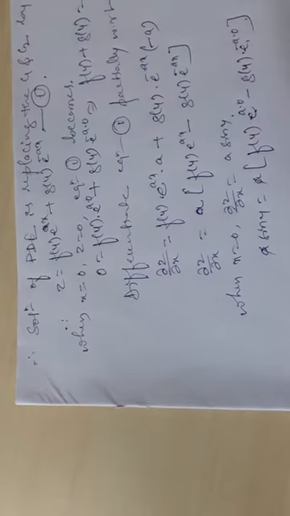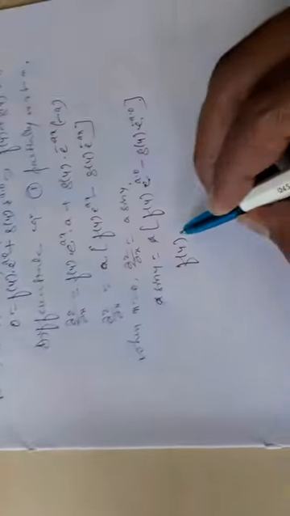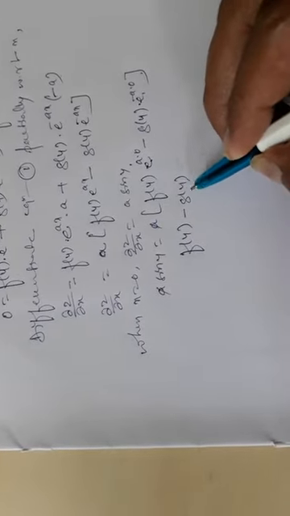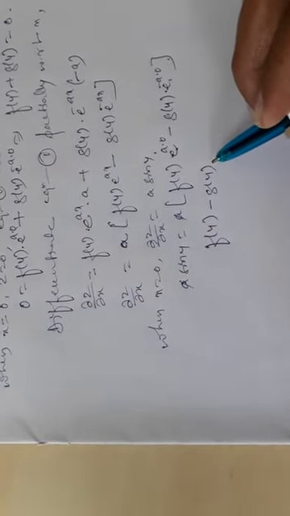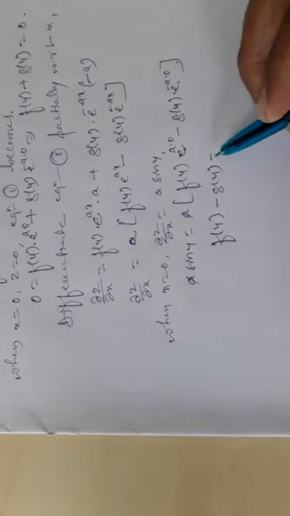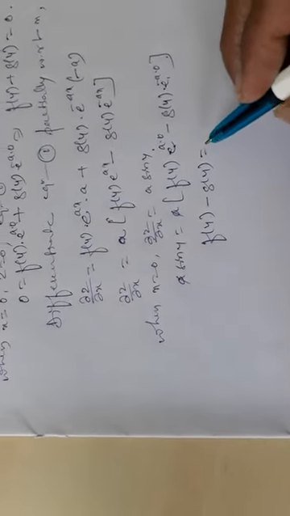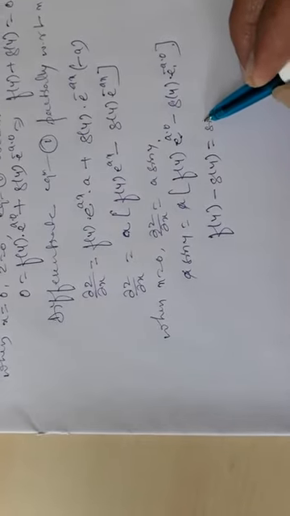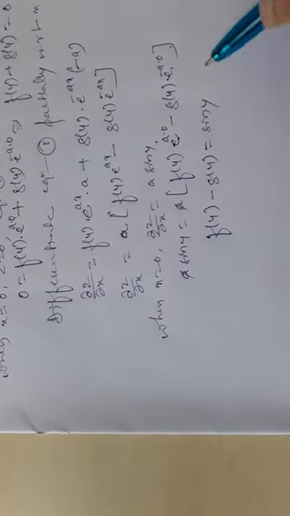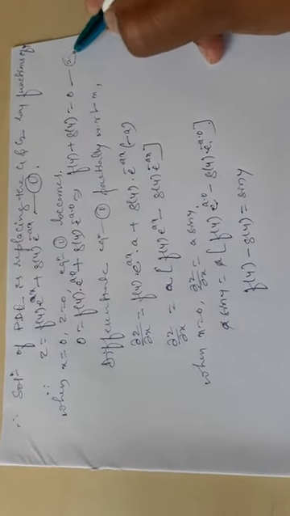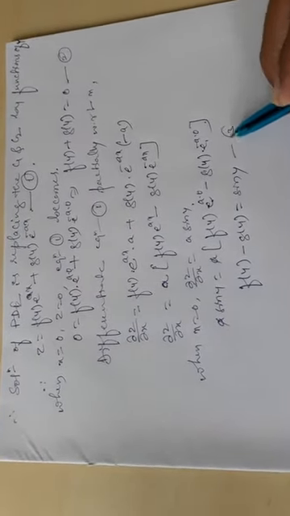Therefore a cancels, and f of y minus g of y equal to sin y. We call the earlier equation f of y plus g of y equal to 0 equation 2, and this is equation 3.